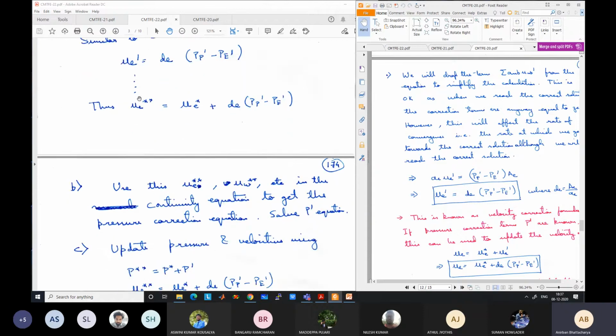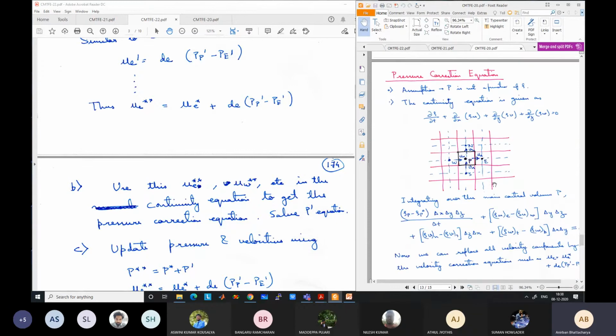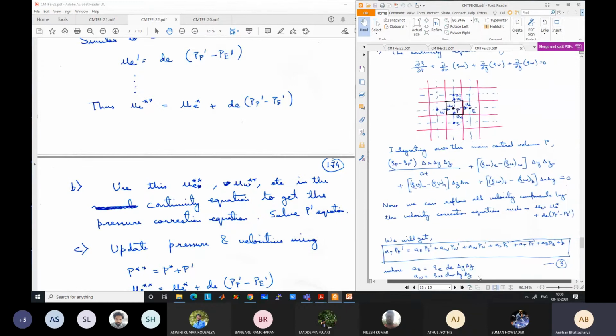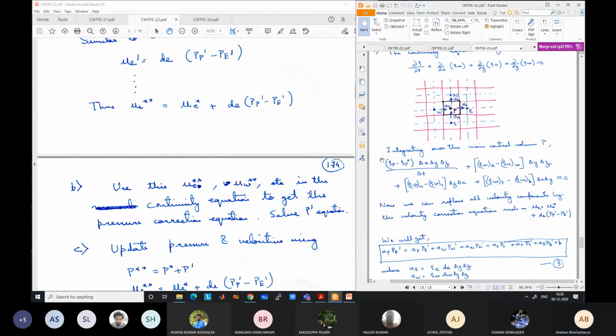Now, because we have assumed that this is a continuity satisfying field, we can replace the discretized continuity equation with these values: UE double star, UW double star, VN double star, VS double star, WT double star, and WB double star.